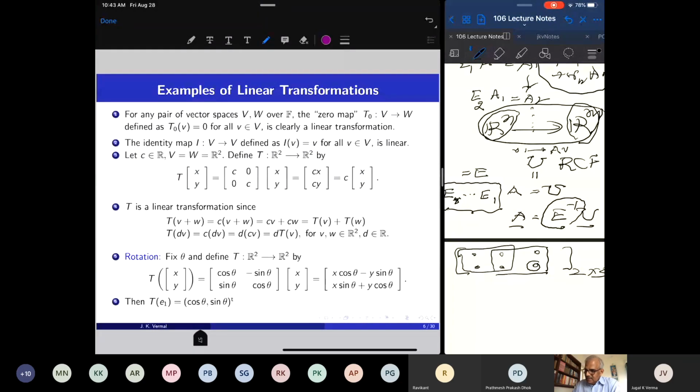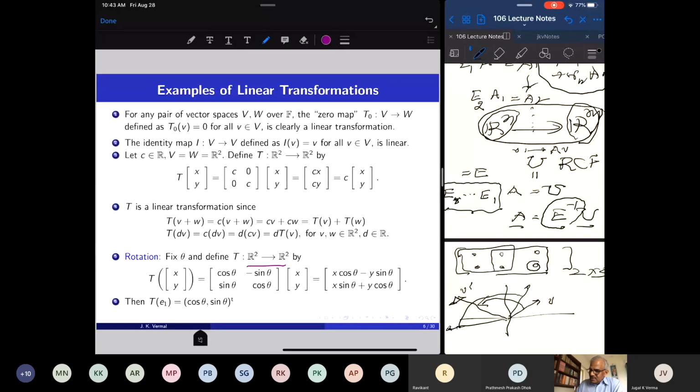Let's look at the rotation map from R2 to R2. Take any vector in R2 and rotate it by a fixed angle. So v is mapping to v prime. I take another vector here and again rotate it. This is the answer.